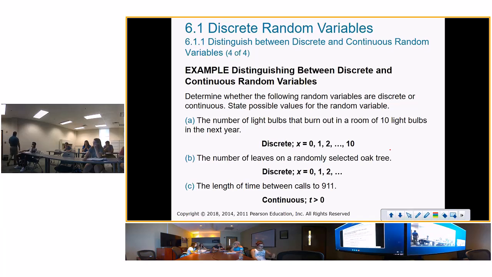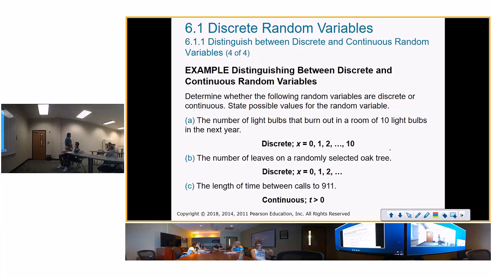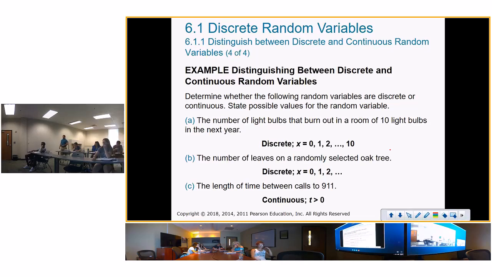What's the example of continuous that I gave you in Unit 1? Measuring the height of a tree. Anything you measure. Count is discrete. Measure is what? Continuous. The number of leaves. Number of leaves is what? Number means what? Count. So it's discrete.